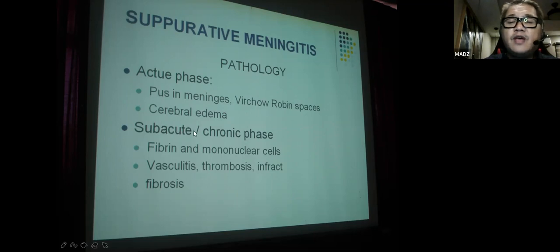In the subacute or chronic phase, if you do microscopic examination of the tissue, you usually see the presence of fibrin and mononuclear cells. Then you can also see vasculitis, thrombosis, and likewise infarction in the brain tissue. And since it's a chronic inflammation already, you'll develop fibrosis.